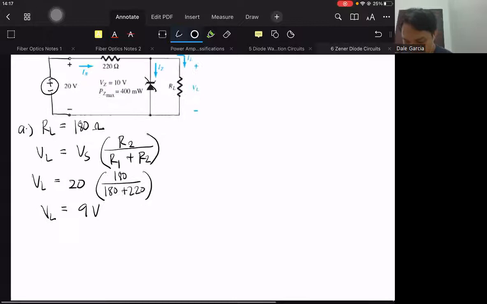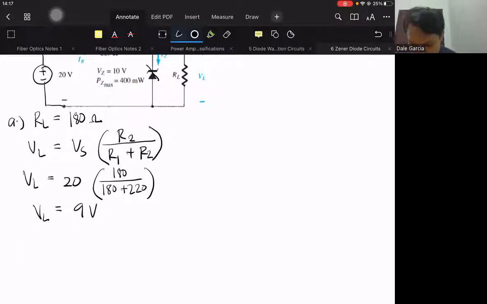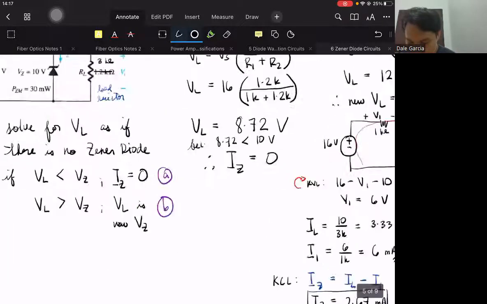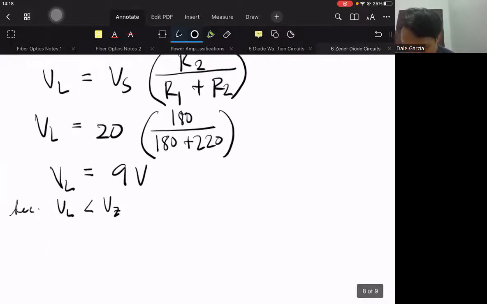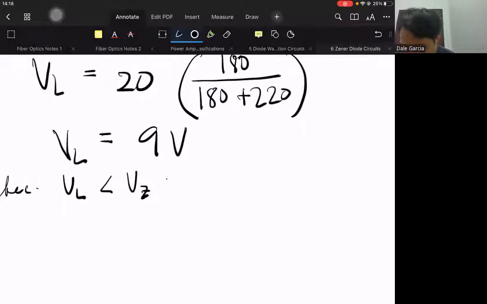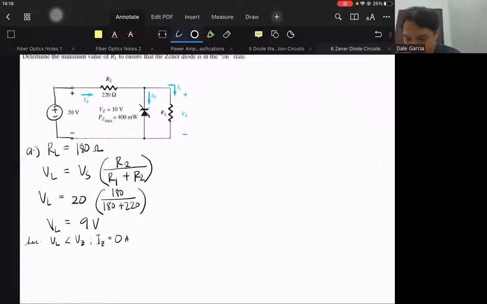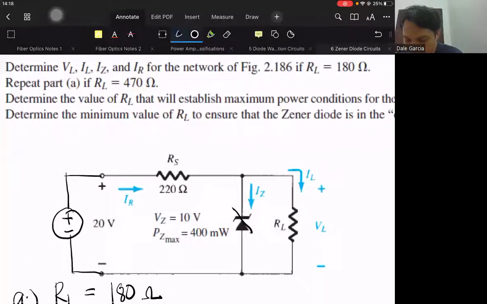Conclusion: because VL is less than VZ, case A, IZ is equal to 0 amperes.